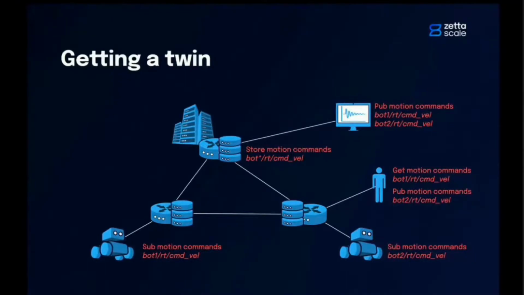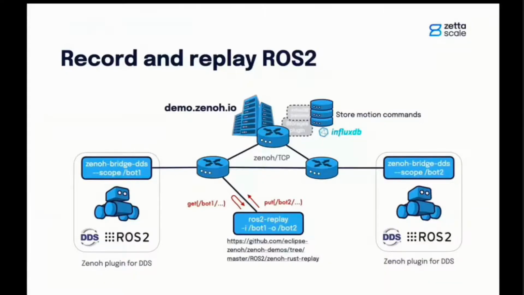So what we will need for this is to deploy a first storage in the cloud, which is a time series database. For this, we will use InfluxDB, which allows us to store the history of the data that has been published by the command.